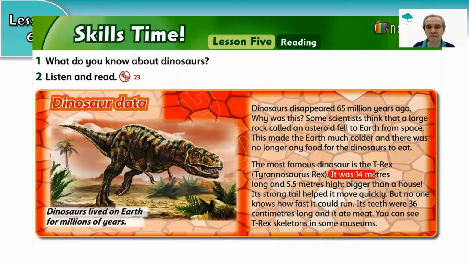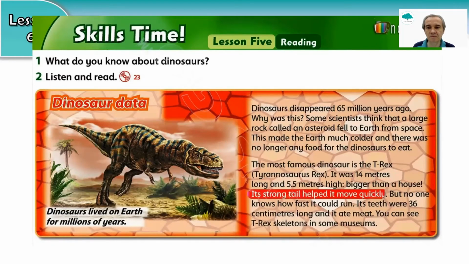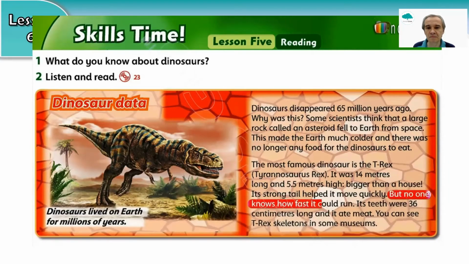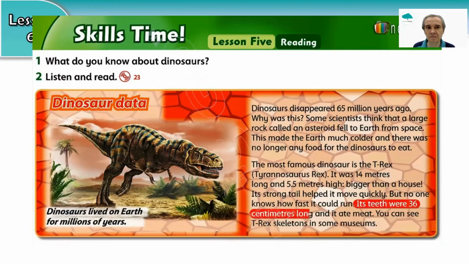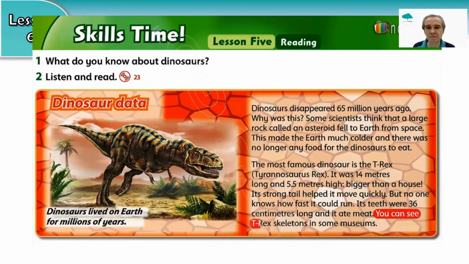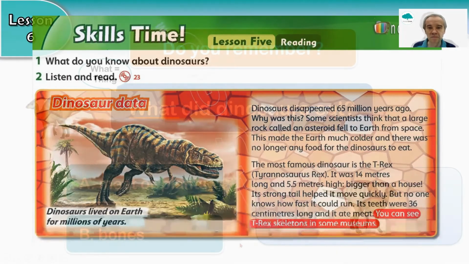It was 14 meters long and 5.5 meters high, bigger than a house. Its strong tail helped it move quickly. But no one really knows how fast it could run. Its teeth were 36 centimeters long and it ate meat. You can see T-Rex skeletons in some museums.